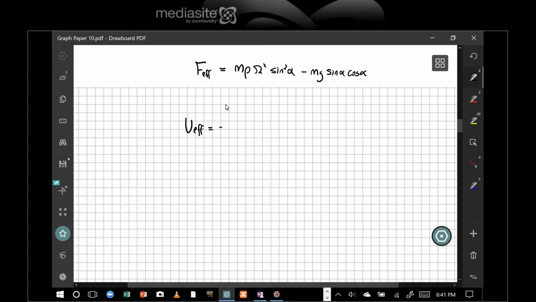An effective potential is going to be equal to minus the work done by the effective force, which is this times the rho. If I do that integral, notice that here I have a constant. So that's integrating, that's going to give me minus 1/2. The minus comes from the minus sign there. Let me write it out. So I'm going to basically do this integral here.